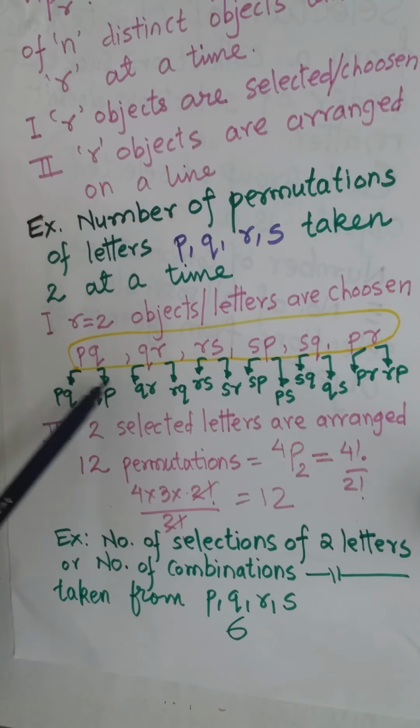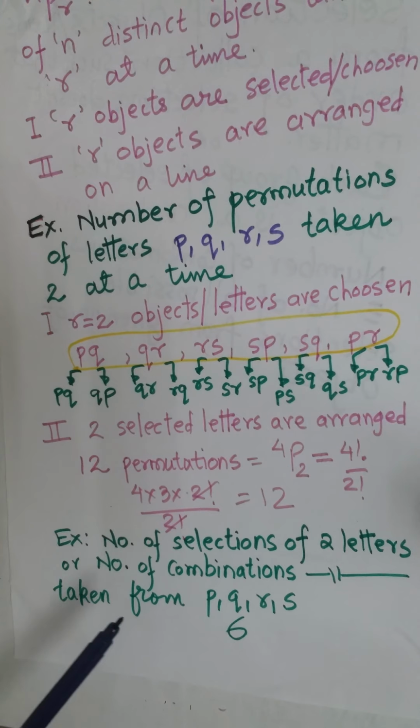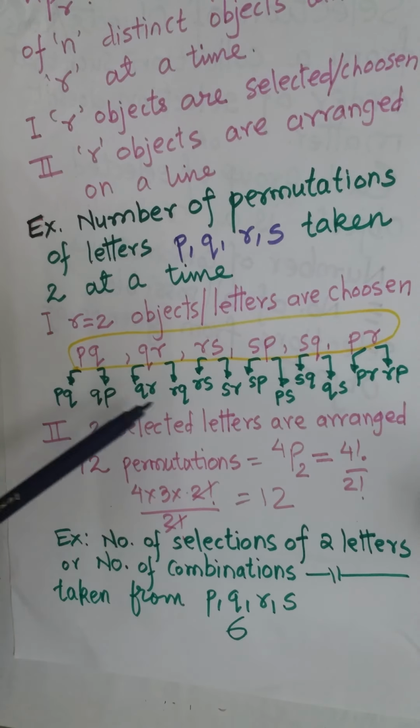We did it just by writing it. But the question arises: if the number of objects is greater, writing it like this would be very cumbersome and very time consuming. So how do we find the number of combinations?